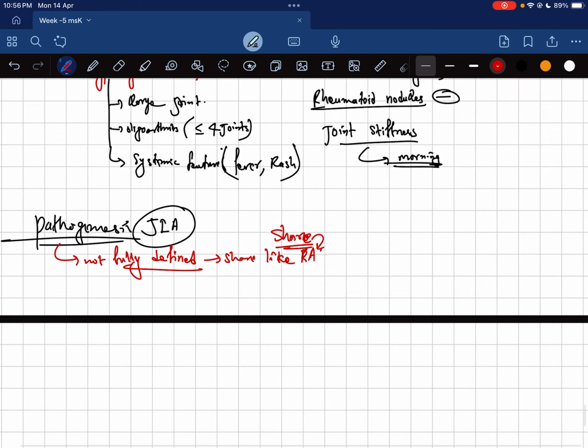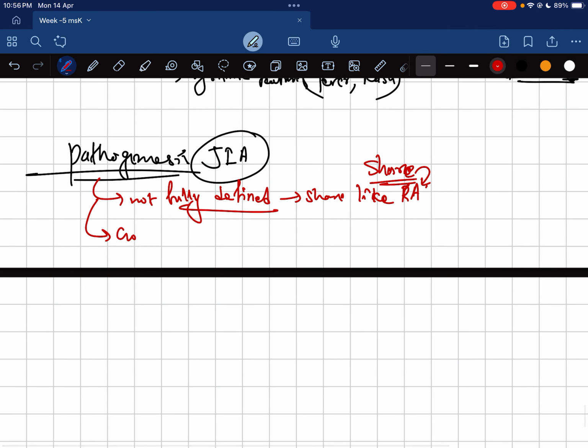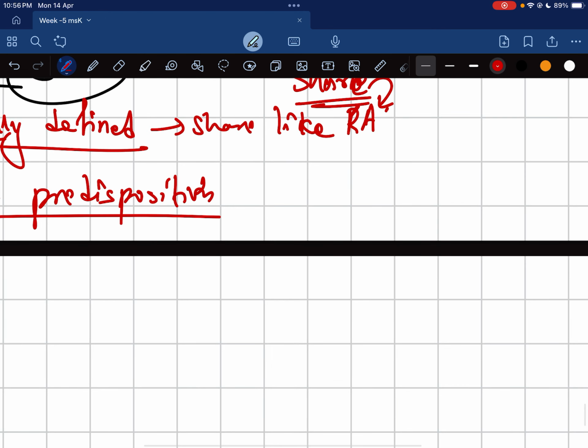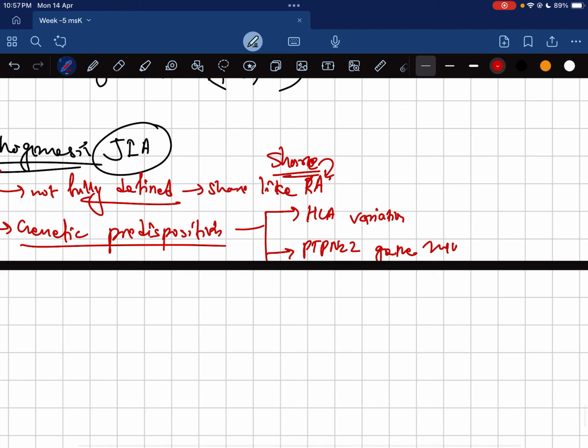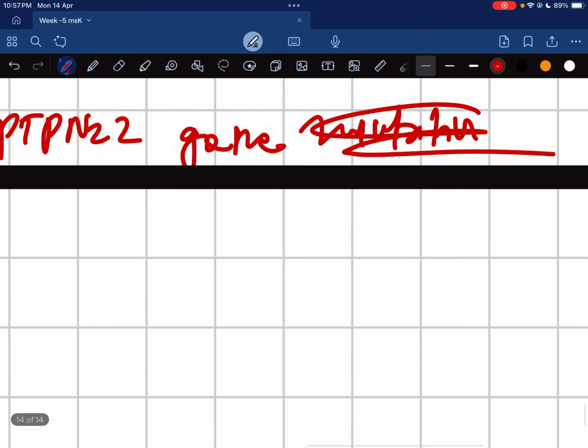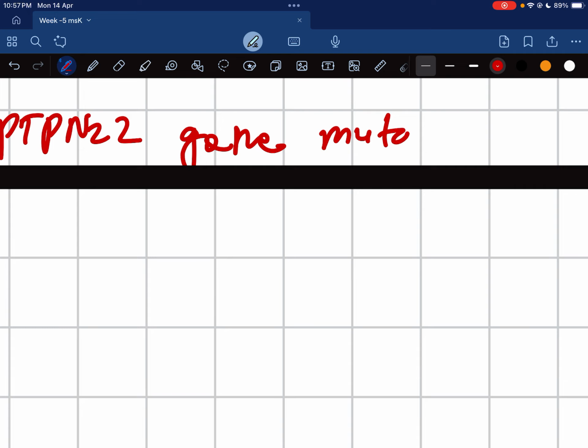There is also genetic predisposition, like HLA variation and PTPN22 gene mutation.